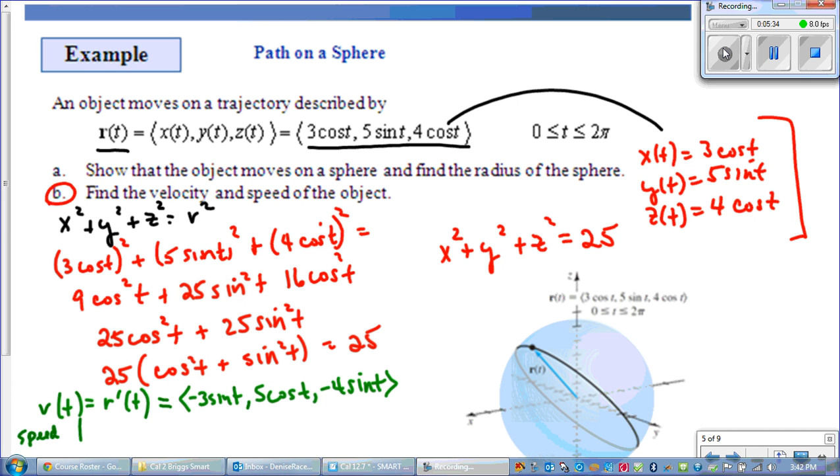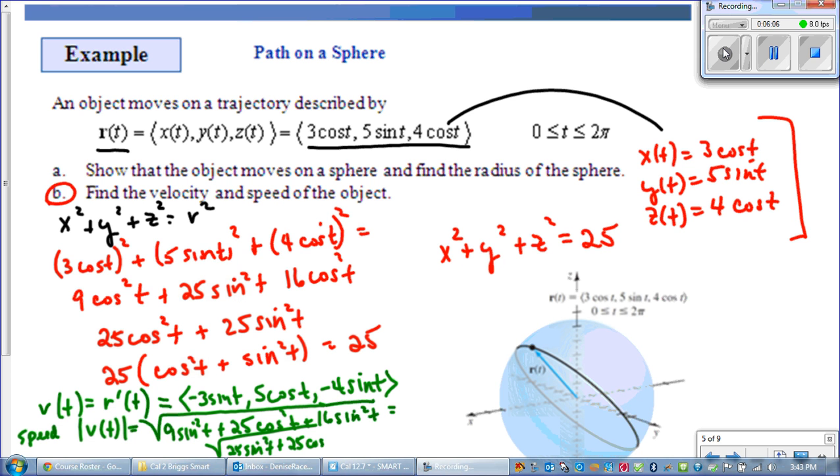The speed is the magnitude of the velocity. That's the square root of 9 sine squared plus 25 cosine squared plus 16 sine squared, which is the square root of 25 sine squared plus 25 cosine squared, which is the square root of 25, which is 5.